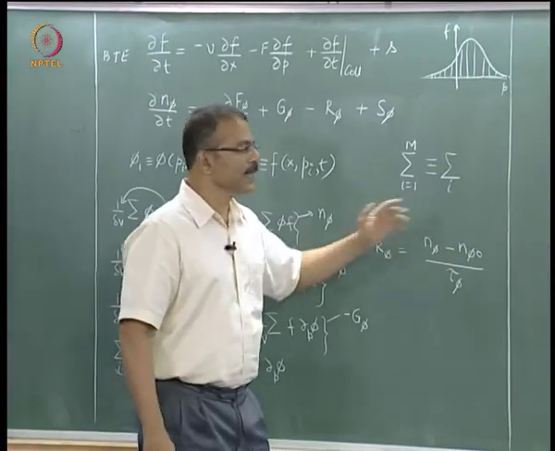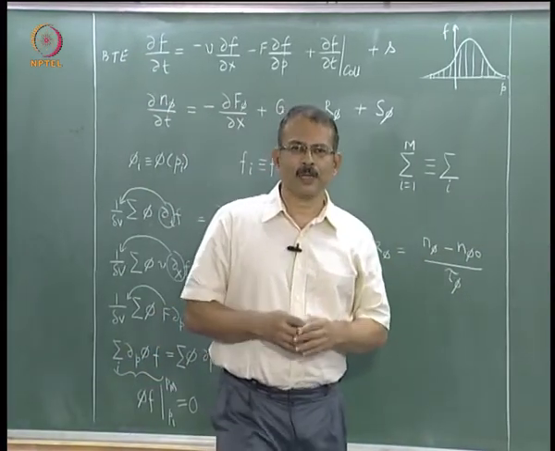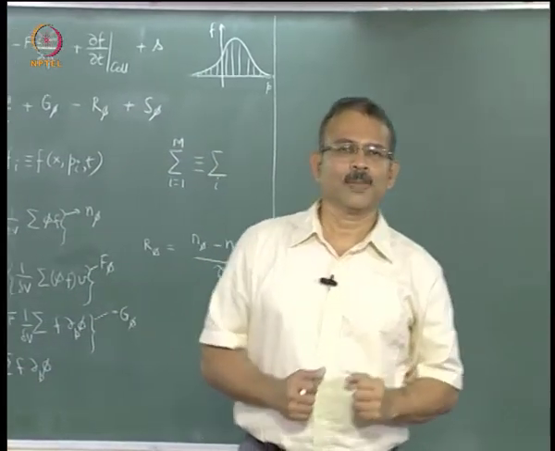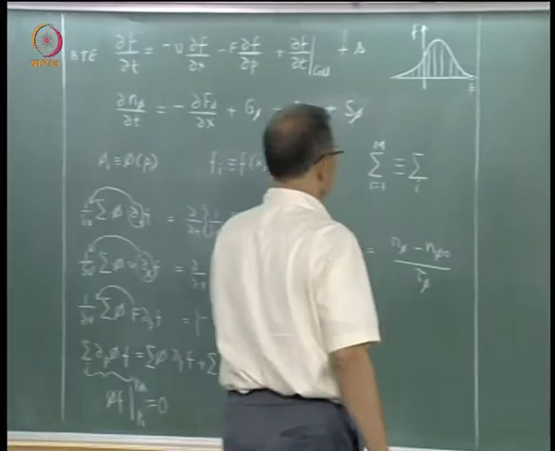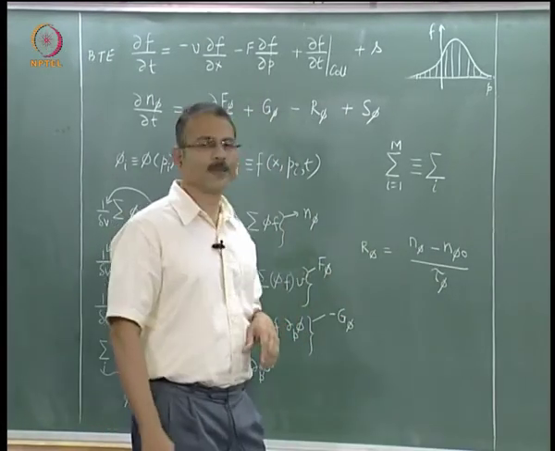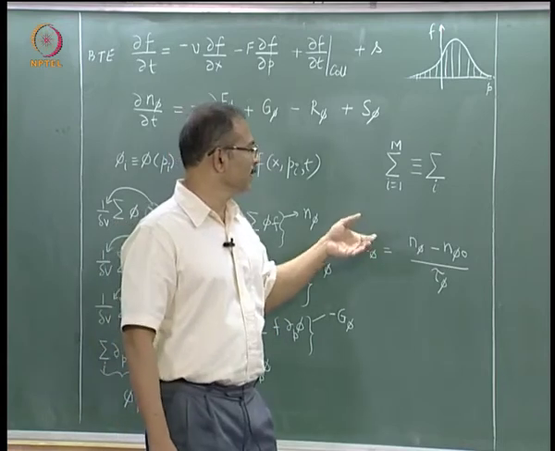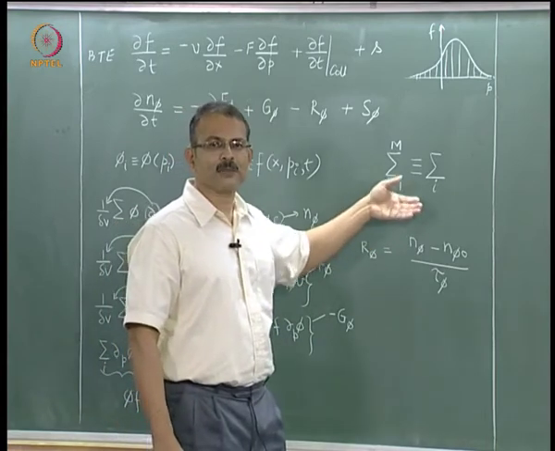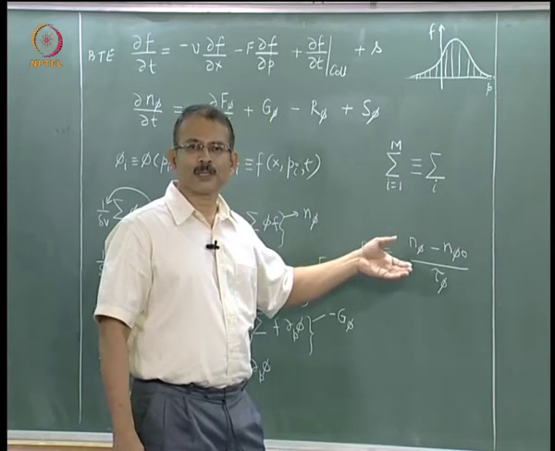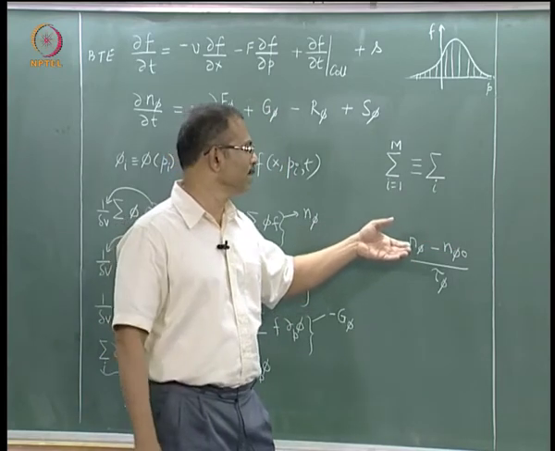This form is dictated by, for example, our familiarity with the recombination expression. You recall, you want to write down an expression for recombination rate of minority carriers. You write the recombination rate as minority carrier concentration minus the equilibrium minority carrier concentration by a time constant associated with the recombination.